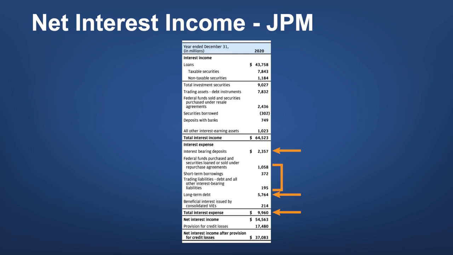It is also paid on other borrowings. These are both short-term and long-term debt. This will include coupon payments on long-term bonds that JP Morgan issues. Sum across all these items, and we have our interest expense. Interest income, interest expense. The difference between the two is our net interest income, about $55 billion in 2020. This is the profitability of JP Morgan's lending business.